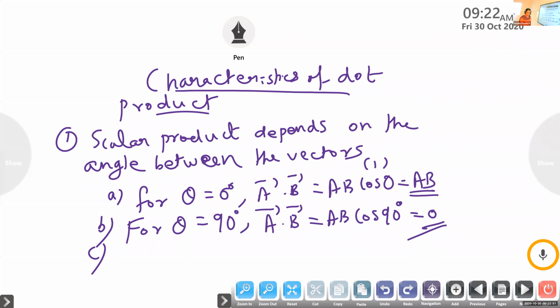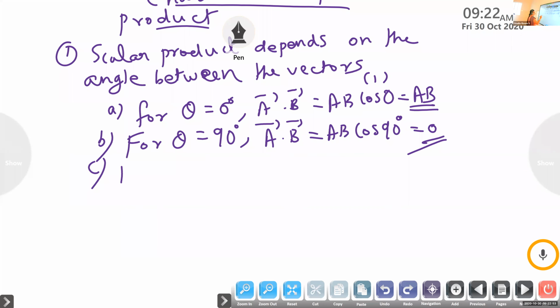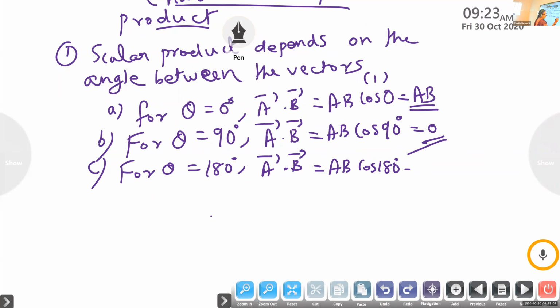Third one, for theta is equal to 180 degree, A dot B is equal to AB cos 180. Cos 180 is minus 1. Therefore, it becomes minus AB.